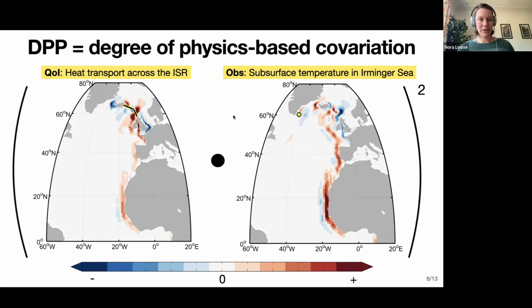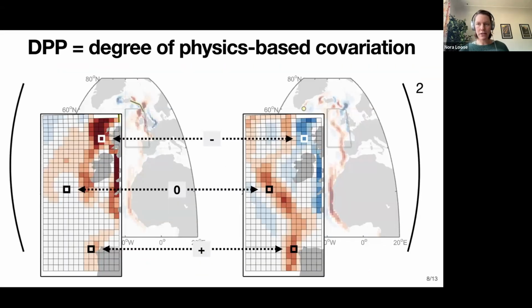To compute this DPP, we basically compare these Adjoint sensitivity maps that we've seen before. More specifically, we compute the squared dot product of these sensitivity maps. How is this dot product taken? You multiply the normalized sensitivities grid point wise and add everything together.